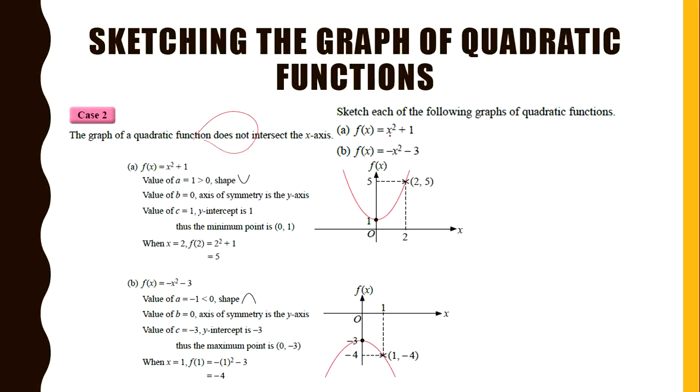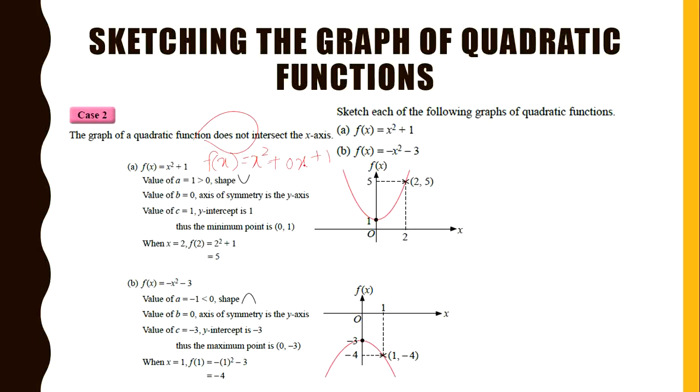f(x) equals x squared plus 1. As usual, first we look at the value of a. When the value of a is positive, it is a smile. Next, when we look at this quadratic function, there is no value attached to x. So the quadratic function is f(x) equals x squared plus 0x plus 1.